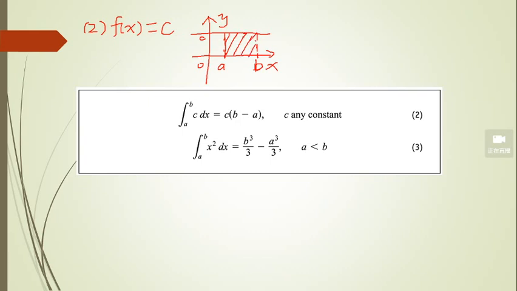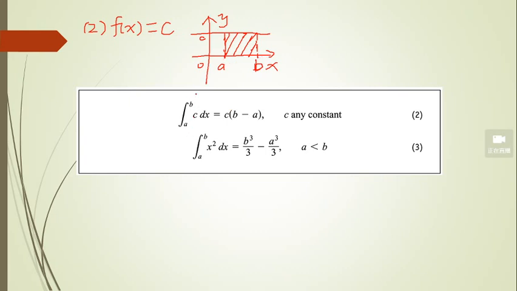Of course, this is a rectangle. What is the length? What is the width? Width is b minus a, right? What is the height? c, of course. So that is the area of a rectangle. The height is c, then the width should be b minus a.